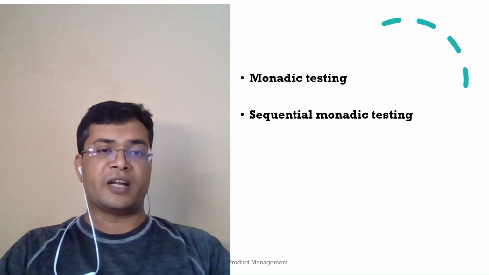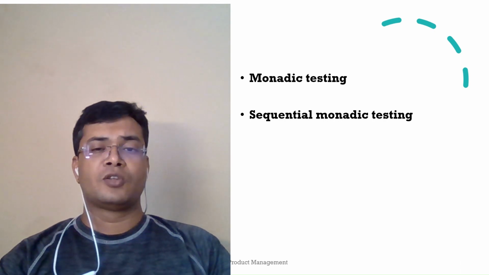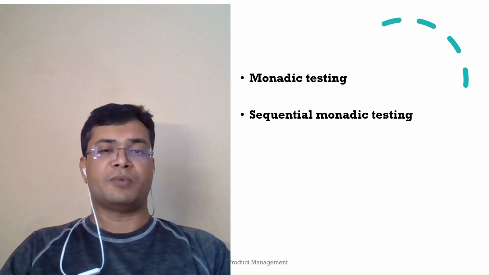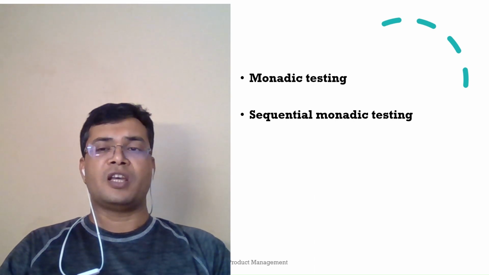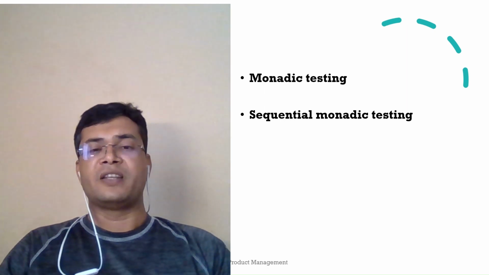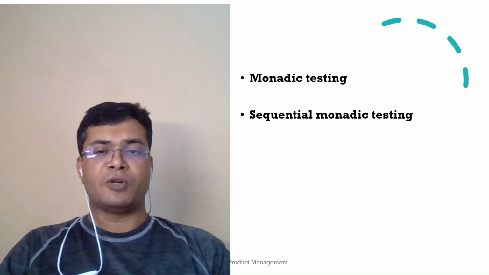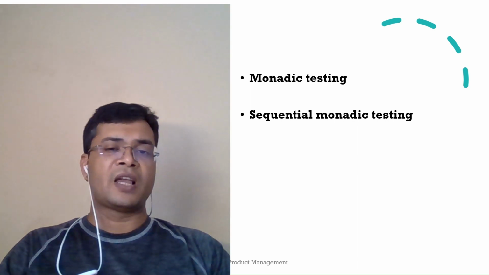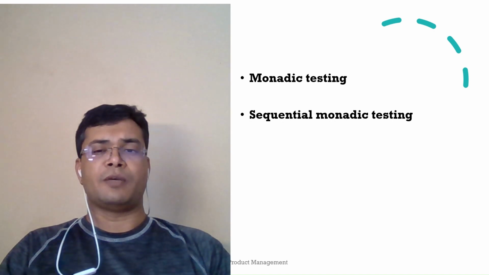Next is sequential monadic testing. In sequential monadic testing, multiple concepts are evaluated one after the other. Each participant sees two or more concepts presented in random order. Participants answer questions about each one in turn. The main benefit is that fewer people are needed, so this results in being cheaper to gather enough people and set up the testing, and taking less time to collect a sufficient amount of data.